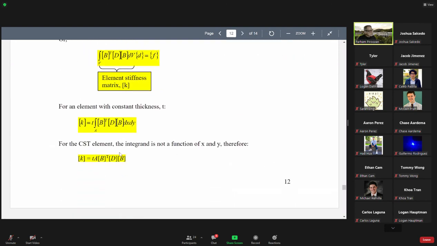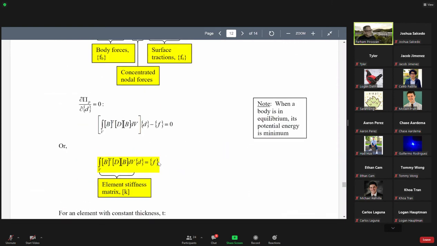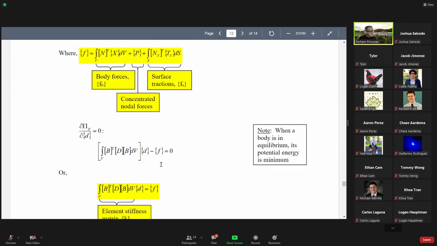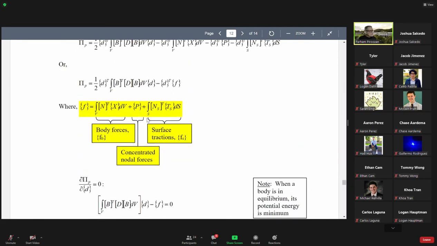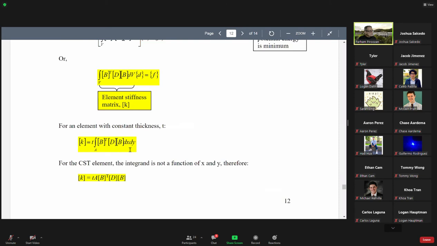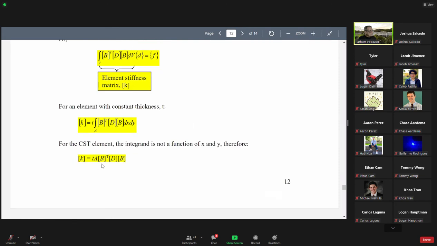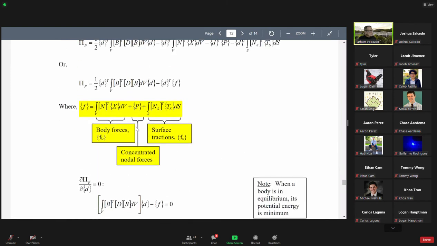That was our main goal using the minimum potential energy formulation. Any questions about this before moving on to the next item? Remember here, 2 items before I leave this document. This is the element stiffness matrix, B transpose DB, and our F, this F is given by this.